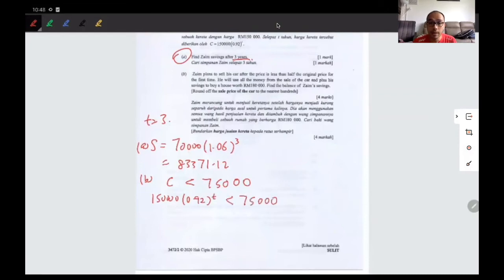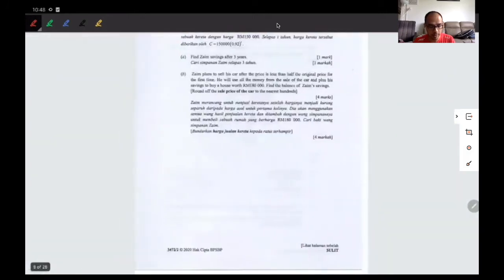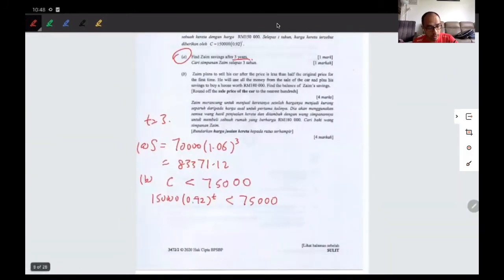So 0.92 to the power of t equals 1 over 2. I think this should be 1 over 2, which is 0.5. I'm going to use 0.5. Then this one you have to use log now.